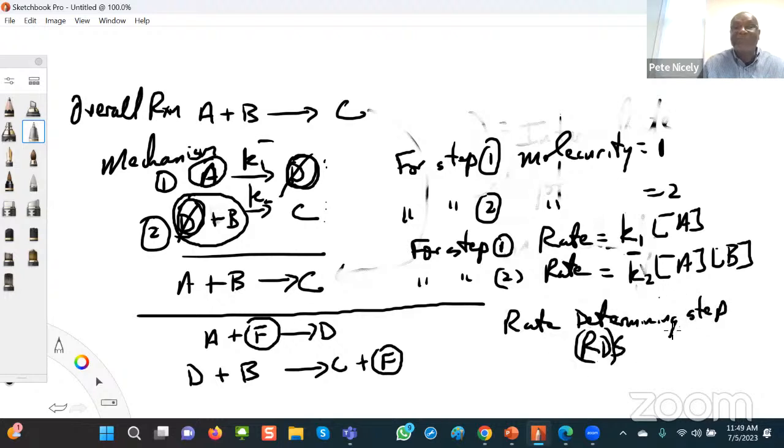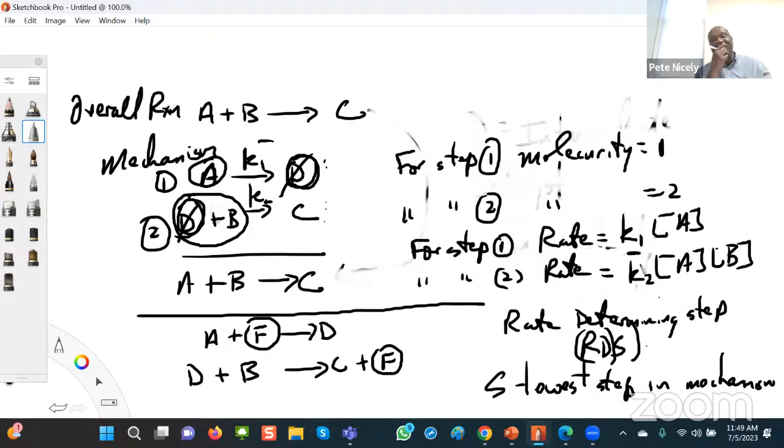Basically, this would be the slowest step in the mechanism, all right? So if you have a multi-step mechanism, the slowest step in the mechanism is called the rate determining step.